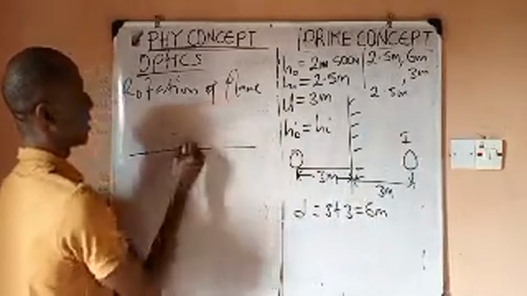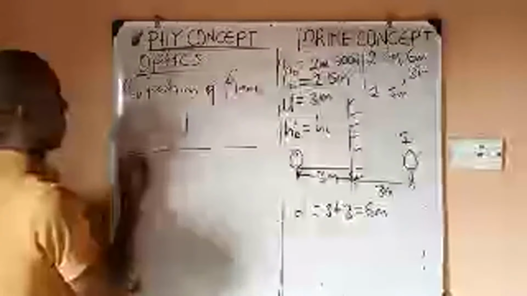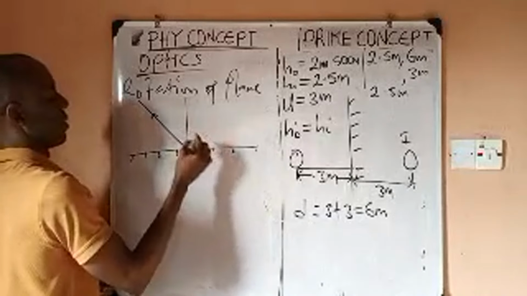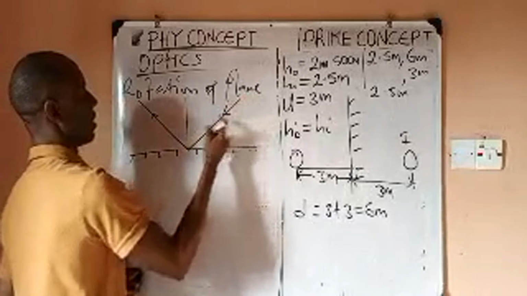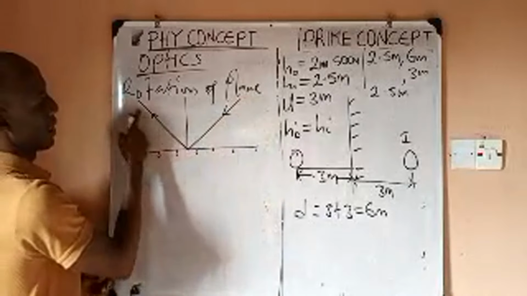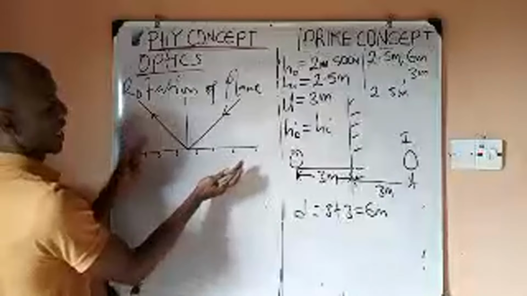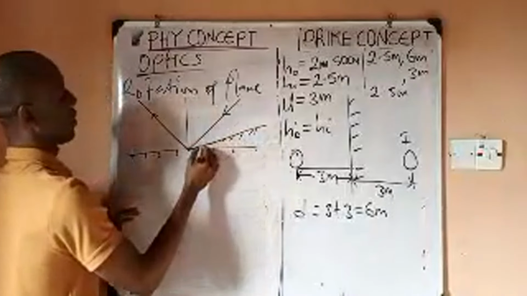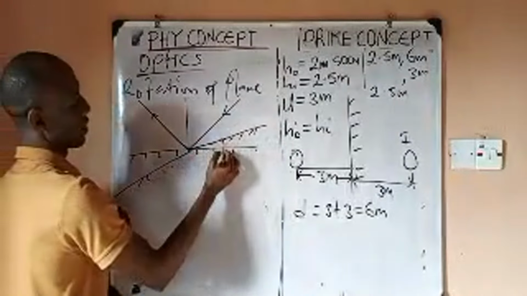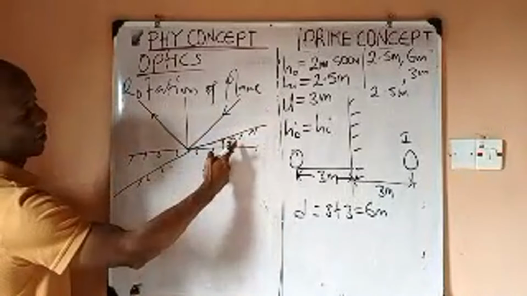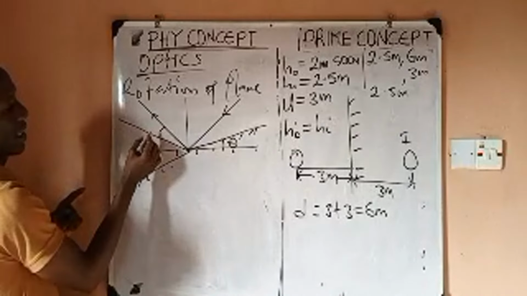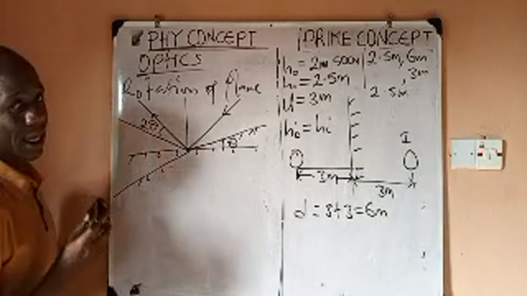Now, say you have your plane mirror like this. This is your normal. This is your plane mirror. This is your incident ray, right? And this is your reflected ray. If you decide to rotate this plane mirror to now be like this, so that you rotate it through an angle of theta, what they are saying is that the new reflected angle is going to be 2 theta. So take note of that.